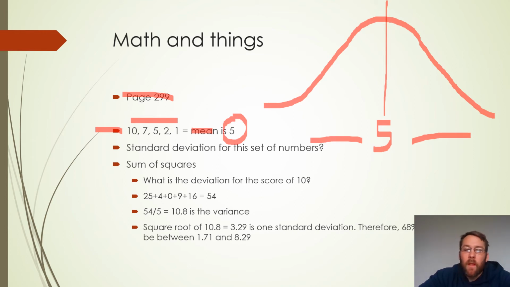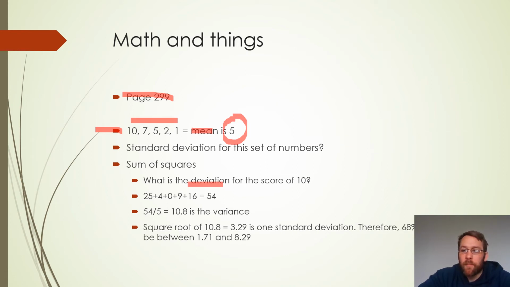First, we have to figure out the deviation of every individual score from the mean. After you know the mean, this is what I recommend: you write down all of the numbers in a nice little column like so.